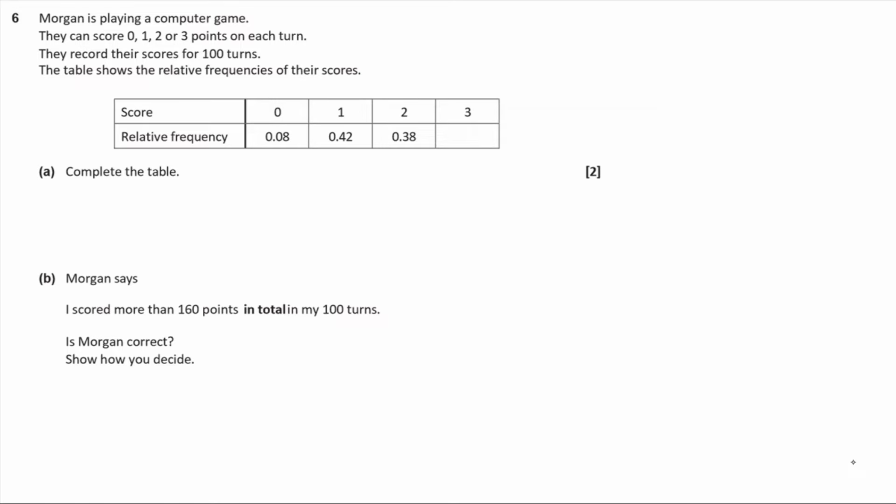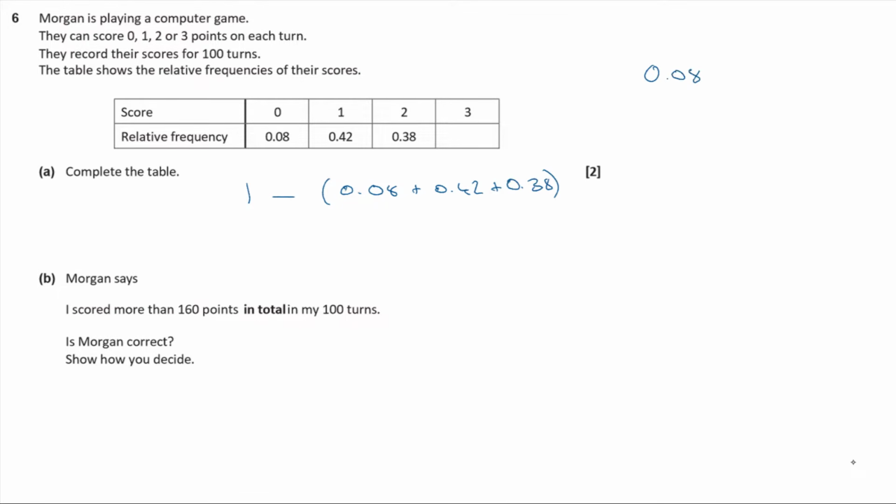This is kind of the rule of completion. So therefore, the probability or the relative frequency of getting a 3 is going to be 1 minus the other 3, isn't it? It's 1 minus 0.08 plus 0.42 plus 0.38. So what is that then?